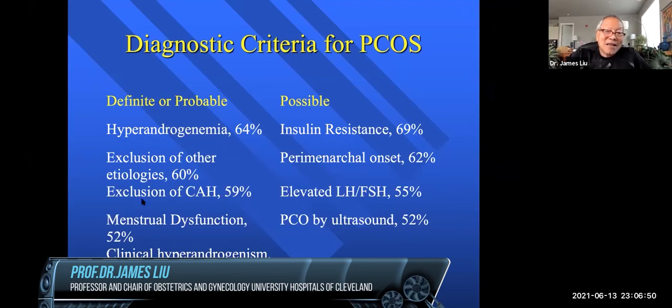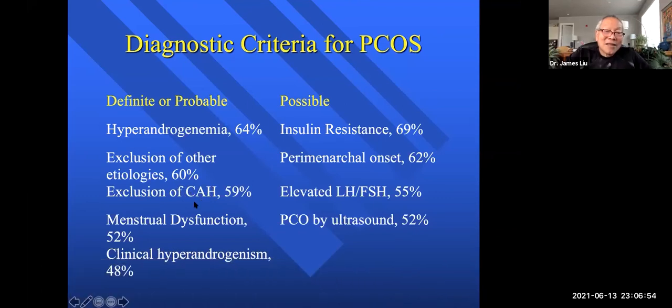We, in some cases, will exclude cryptic 21-hydroxylase deficiency, rather than congenital adrenal hyperplasia, which is uncommon. I have looked for this a lot, and I've only found maybe 1 or 2 patients, despite having a huge Jewish population in Cleveland. So I'm not sure that this is worthwhile exploring.